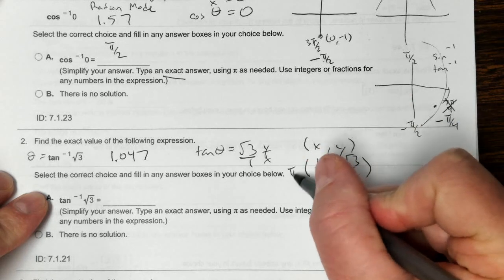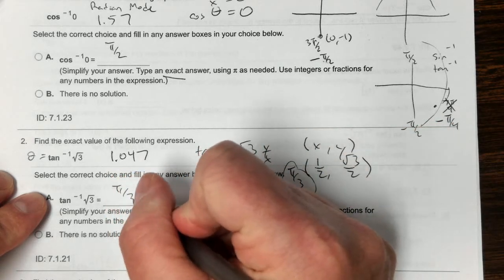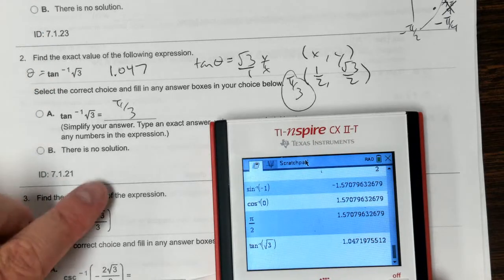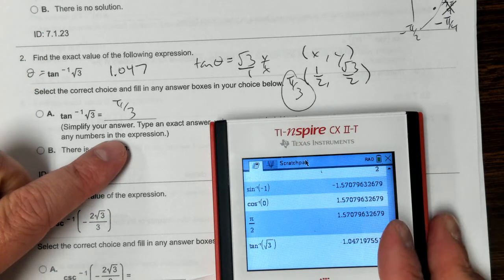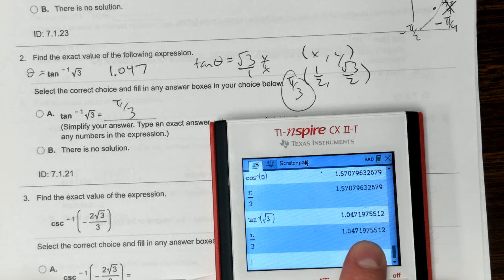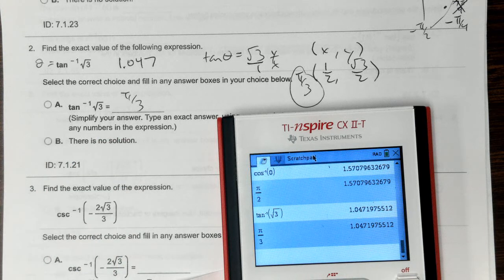So at pi thirds, that's going to be our answer. If we do pi divided by 3, we get 1.047. Any questions about that?